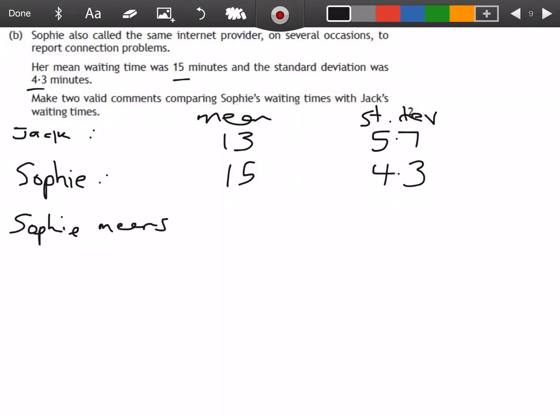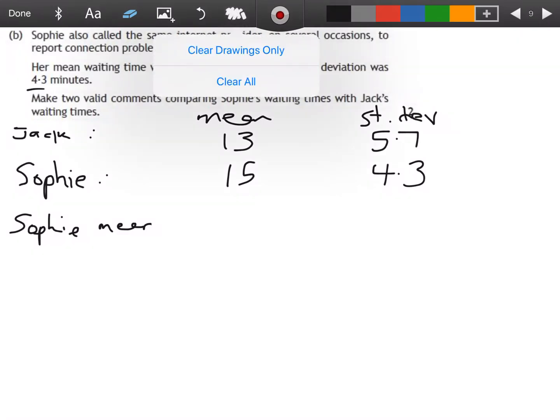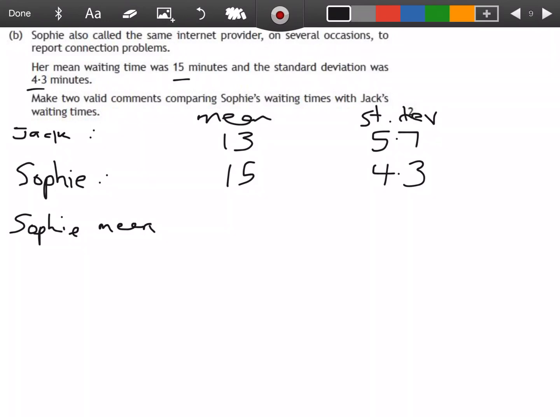Yes, stating the obvious. Sophie's mean is higher, but what does that actually mean? The mean is the average time they're waiting for the calls to be answered. So she's on the calls longer, or she's kept waiting longer.